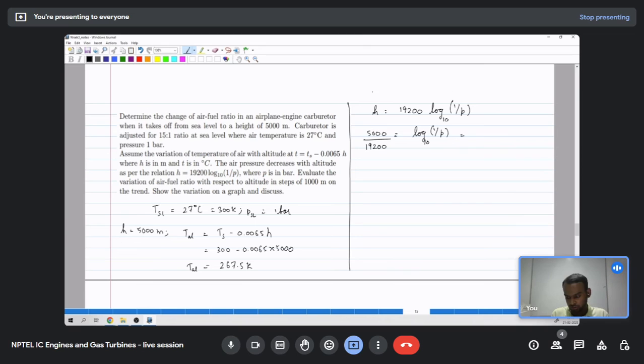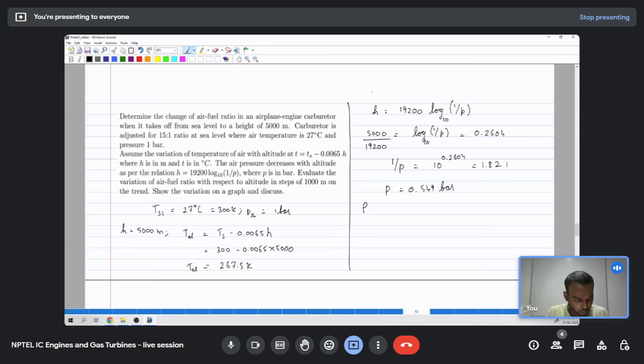So 5000 by 19200 is 0.2604. Taking the anti-log, we have 1 by P equal to 10 power 0.2604. This is 1.821, which means P is 0.549 bar.